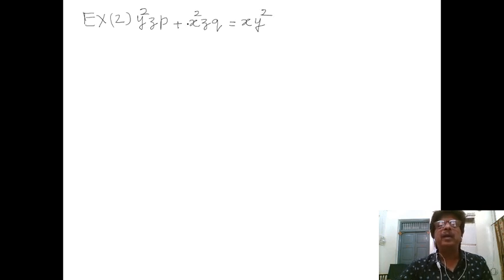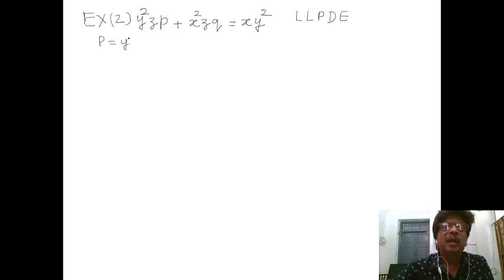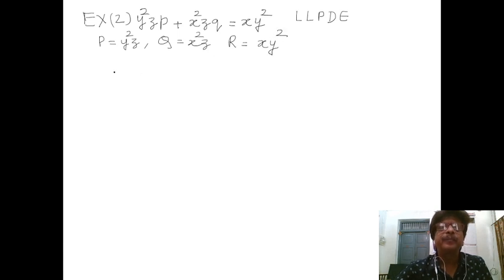It is already given to us in the form of Pp plus Qq equal to R. So it is of course LLPD, Lagrange's linear partial differential equation. Moreover, capital P is y square z, capital Q is x square z, capital R is xy square. Very simple. Auxiliary equations.